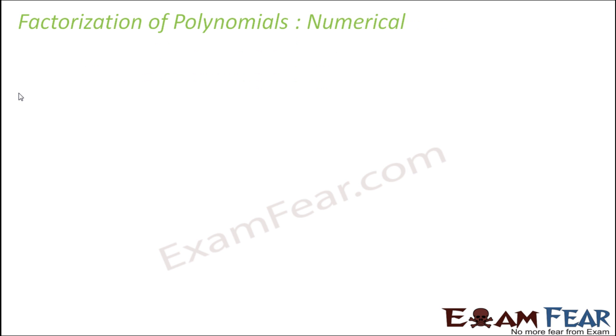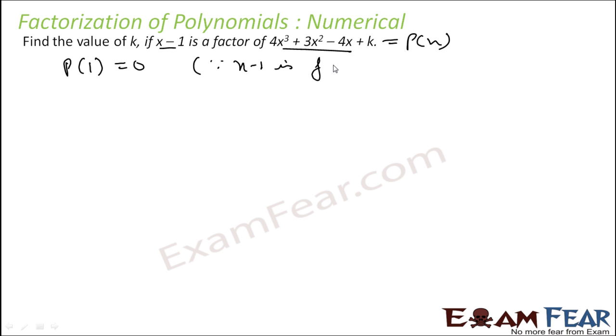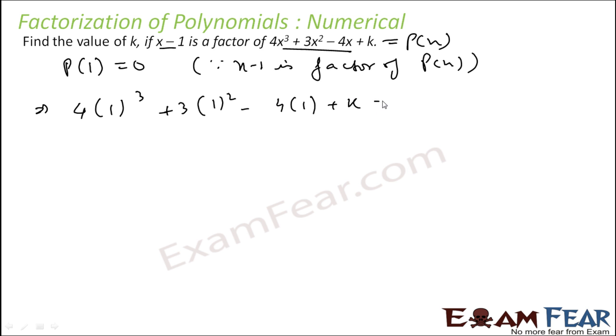Okay, so let's take some numericals on this. Find the value of k if x minus 1 is a factor of this. See, if x minus 1 is a factor of this particular polynomial, let's suppose this is p(x), then p(1) will be 0, since x minus 1 is a factor of p(x), by factor theorem. So let's put the value of p(1). 4 times 1 cube plus 3 times 1 square minus 4 into 1 plus k is equal to 0.